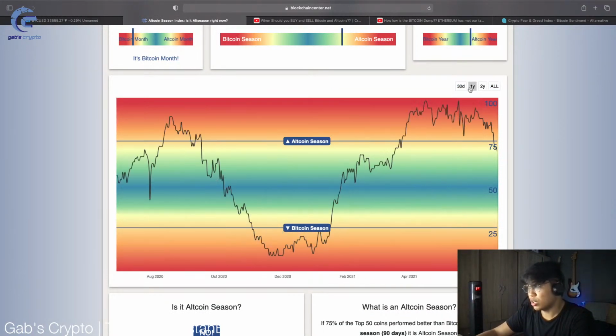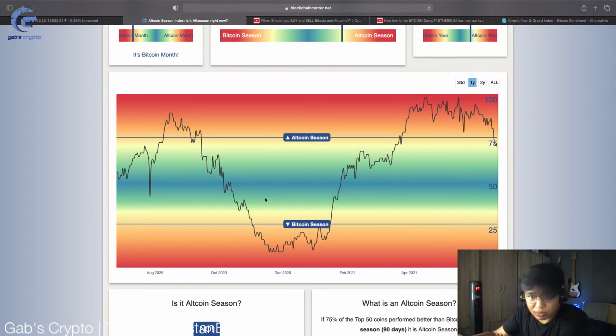So what should we do during a Bitcoin season? During a Bitcoin season, obviously, Bitcoin makes a bigger profit than altcoins. You could make the case that Bitcoin is too expensive already. You might say, altcoins are still cheap, so why would they have fewer returns? Because Bitcoin is the king, it has the biggest market cap. This index that we follow would signify that our Bitcoin dominance is going up, meaning Bitcoin's movement is stronger than altcoins, and altcoins would just bleed against Bitcoin.